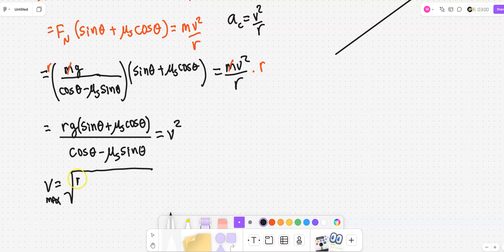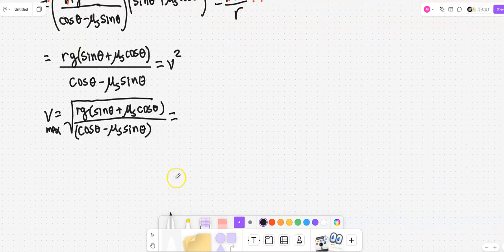It's going to be the square root of r g times sine of theta plus mu s cosine of theta, divided by cosine of theta minus mu s sine of theta. We can take this value and find the maximum velocity.